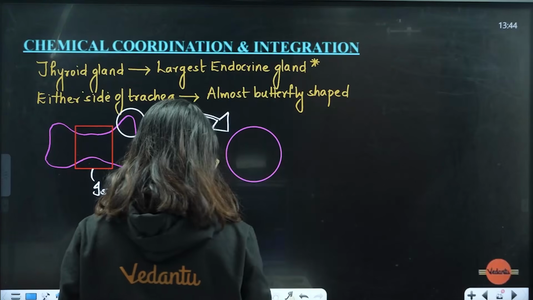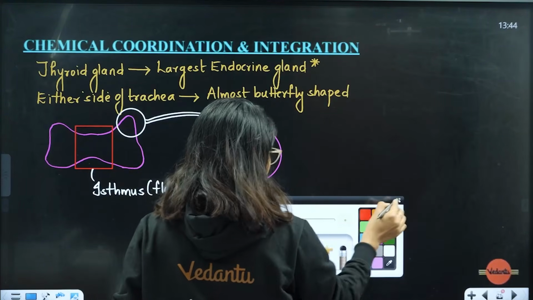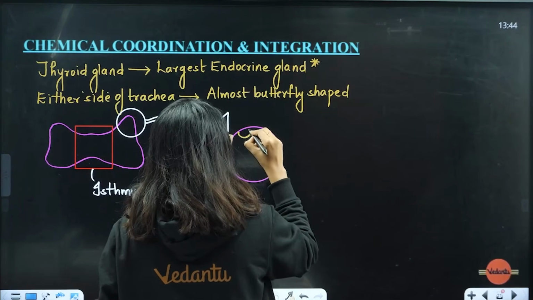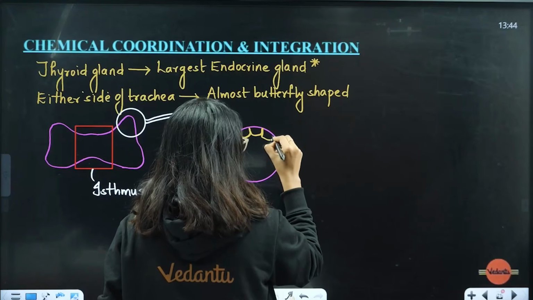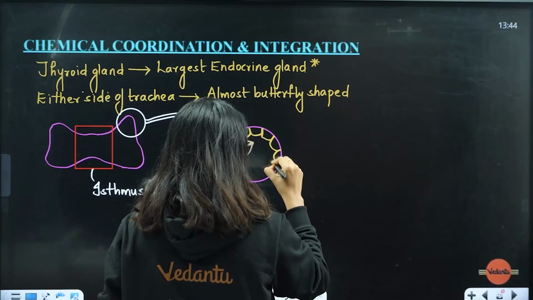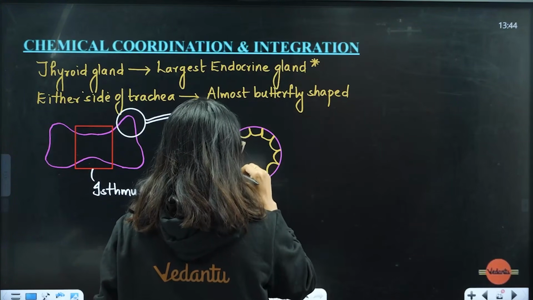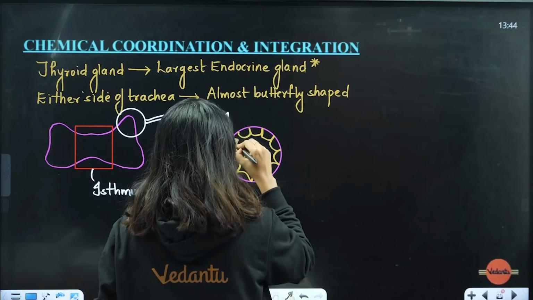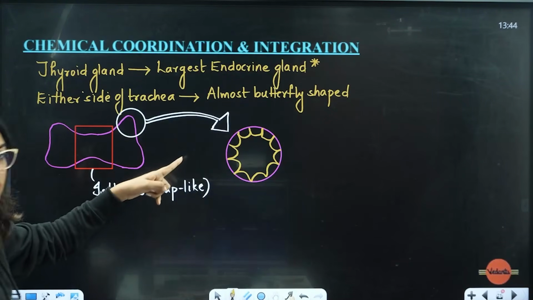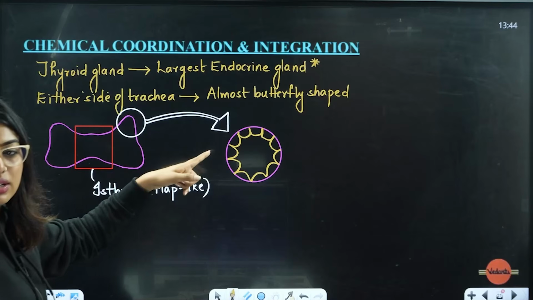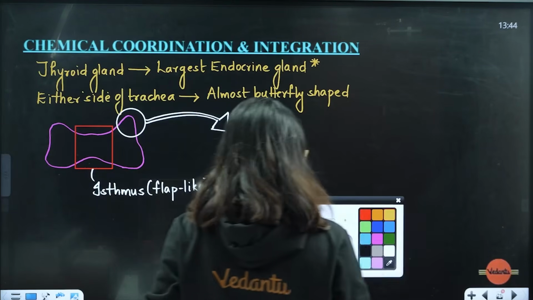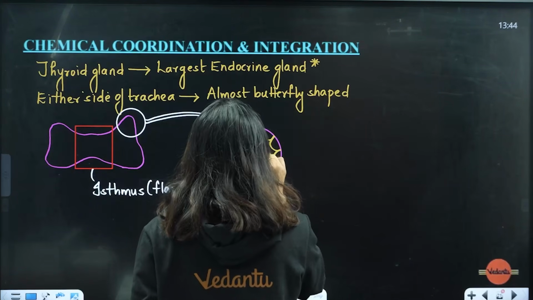Okay, this is the cross section. Just like how you saw, there will be cells present like this, and these cells are called the follicular cells. Clear? Yes or no? And right at the center, students, we call that the colloid.